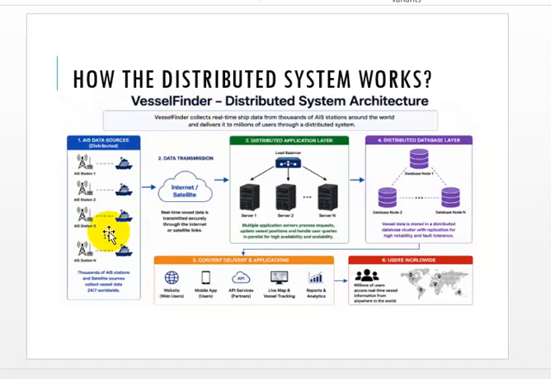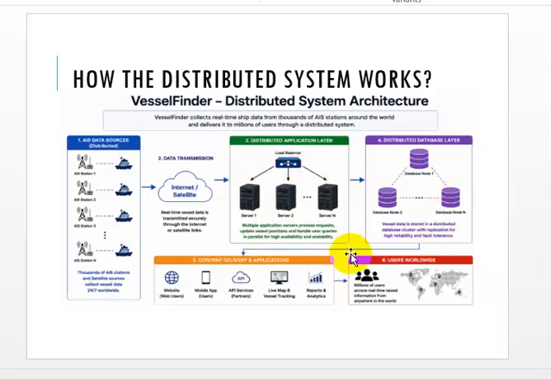You can see here, the boat has an AIS station. This sends a signal through the internet to the distributed application layer. Here, the load balancer balances the load and transfers the processes to each server, and each server processes them and gives the data to the distributed database layer.